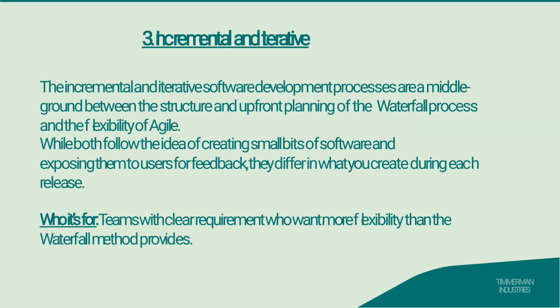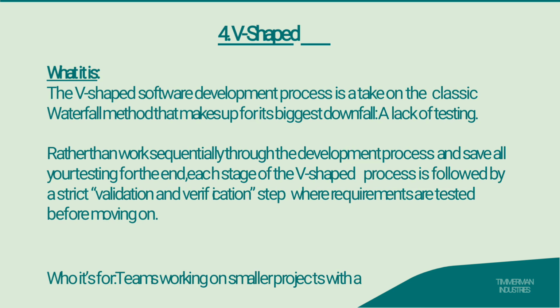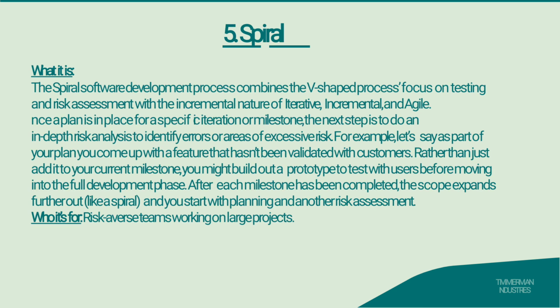Third is incremental and iterative. It's for teams with clear requirements who want more flexibility than the waterfall method provides. Fourth is V-shaped. It's for teams working on smaller projects. Fifth one is spiral. It is used for risk-averse teams working on large projects.